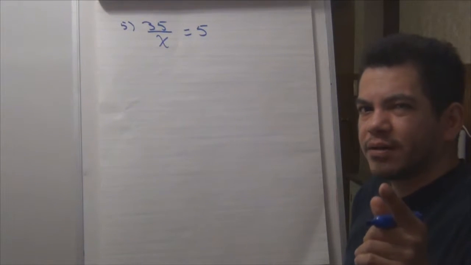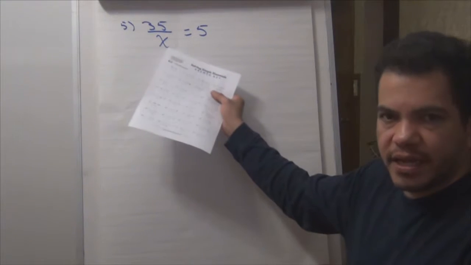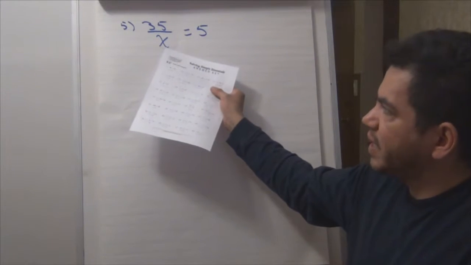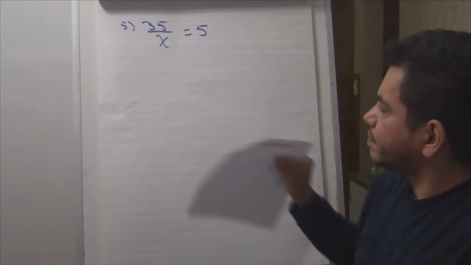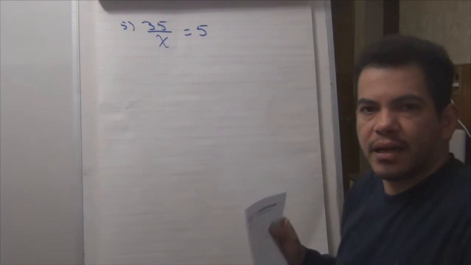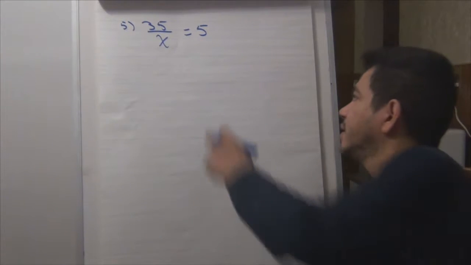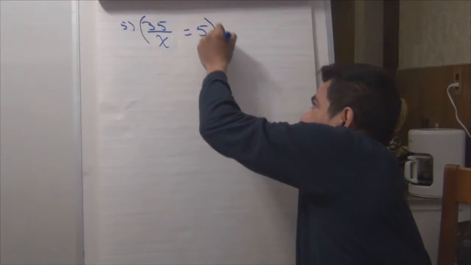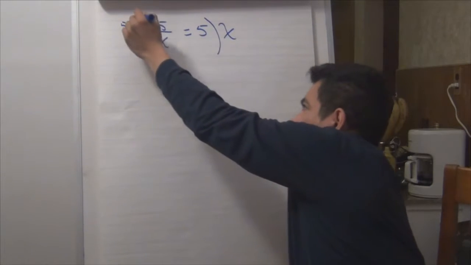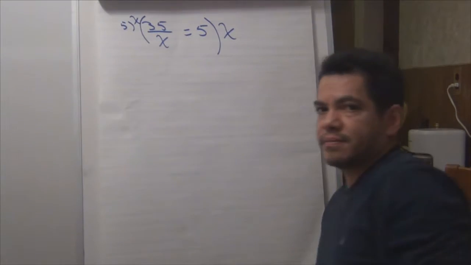First, always think about eliminating the denominators. How do I eliminate this denominator? Well, I have to undo the operation. X is dividing, so I'm gonna multiply the whole thing by x and watch what happens. So I multiply by x.